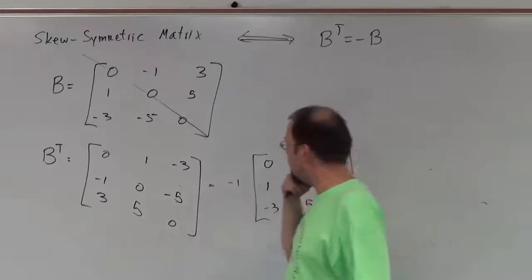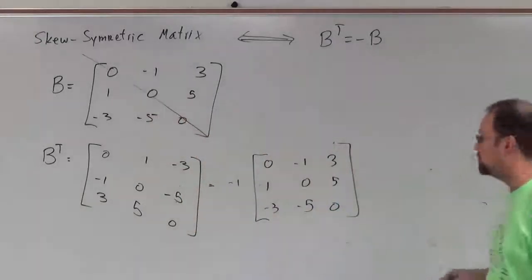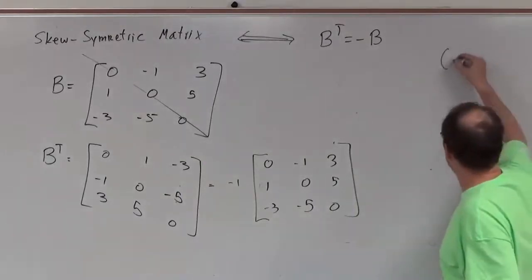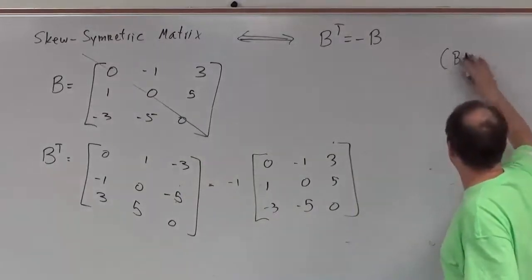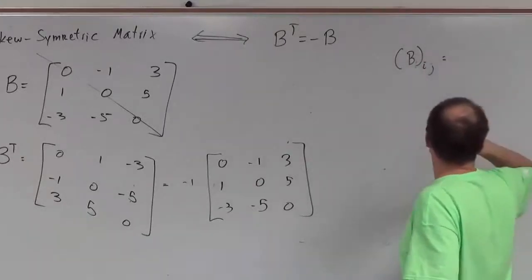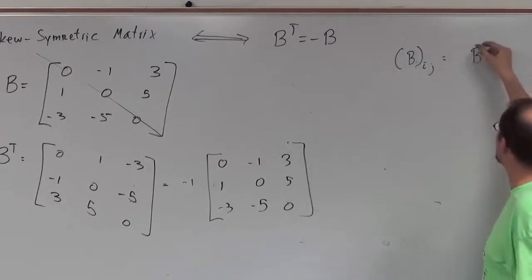Okay, is it a coincidence that I wrote zeros in the diagonal? If I use index notation, for a skew symmetric matrix, how is the ijth entry related to the jith entry?